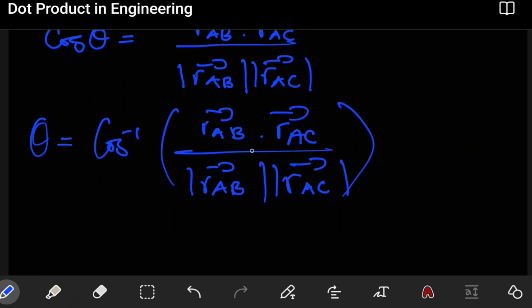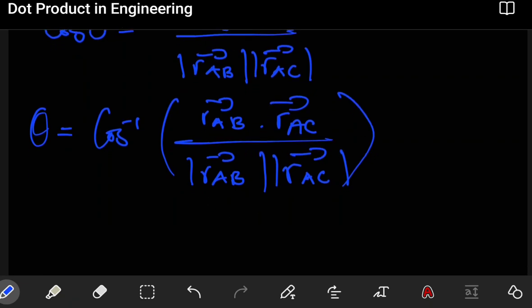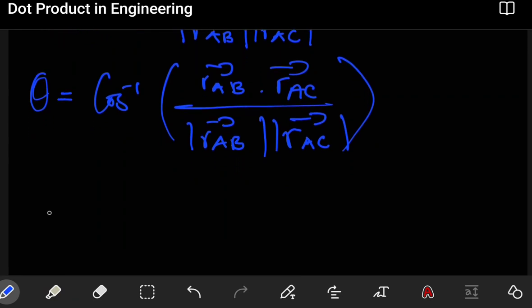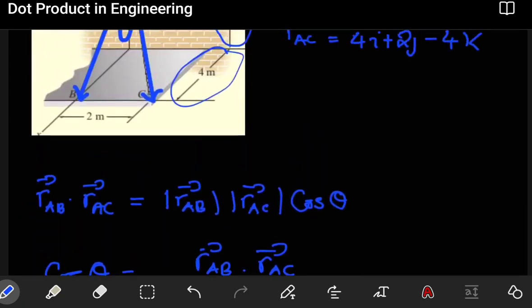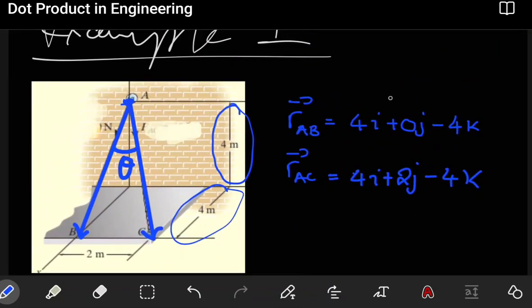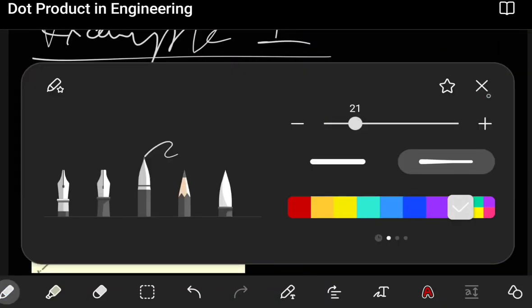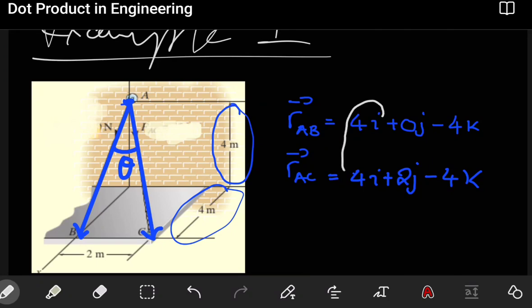Now, we need two things. We need first the dot product directly, and we also need their magnitudes as well. So let's see how we do it. Let's start with the dot product. So we have RAB dot RAC. Remember how it goes. Just multiply the corresponding components. The x components, in this case, we have 4 and 4.